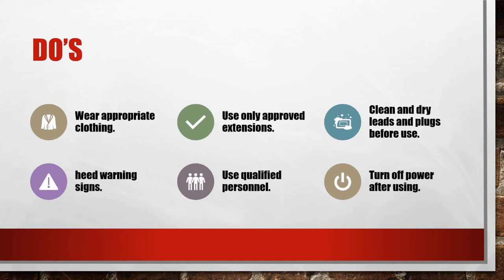Then use only approved extensions to avoid short circuits. Clean and dry leads and plugs before use. Then always heed warning signs in case any emergency happens. Use only qualified personnel to avoid human mistakes, and do not forget to turn off power after using.